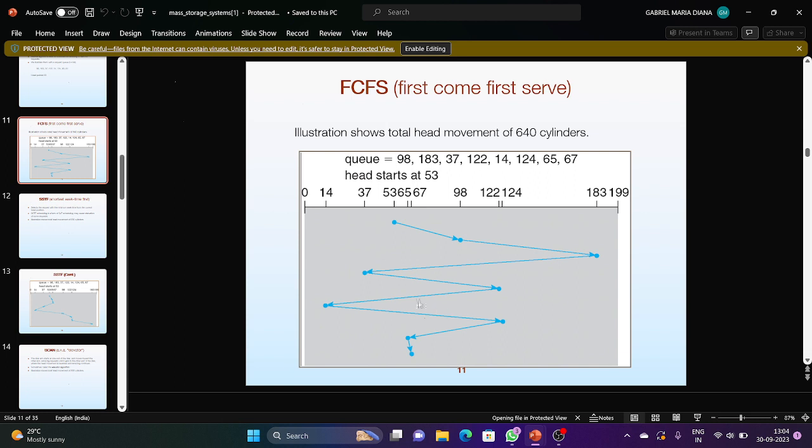So after subtracting all the terms, you will get this answer, 64 cylinders.